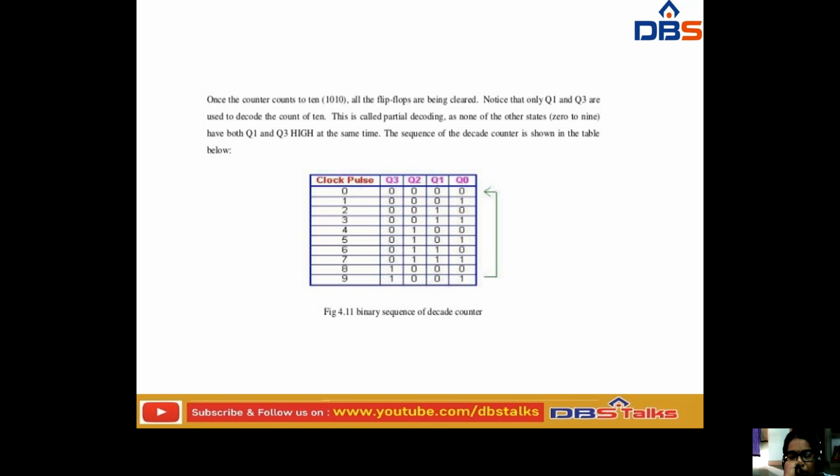So while doing it, you have to be very careful, and it is not an easy thing to perform. Now if it is a ripple shift counter, let us see how it is going to be designed.